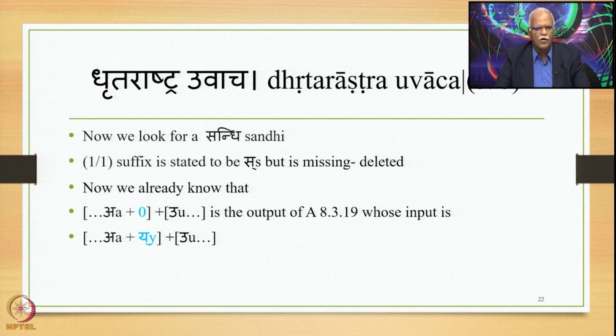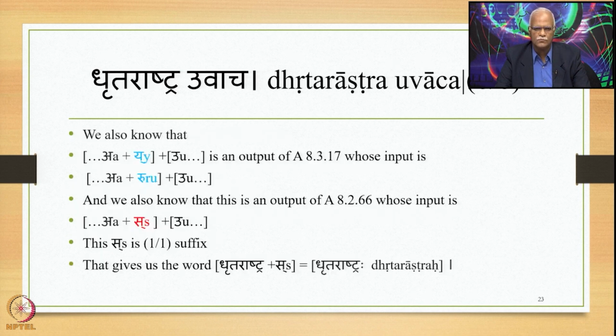So now from Dhritarashtra uvacha we go backwards and generate a plus ya plus u. We also know that a plus ya plus u is an output of 8317, whose input is a plus ru plus u. So now we go to the next stage, a plus ru plus u, Dhritarashtra plus ru plus u.